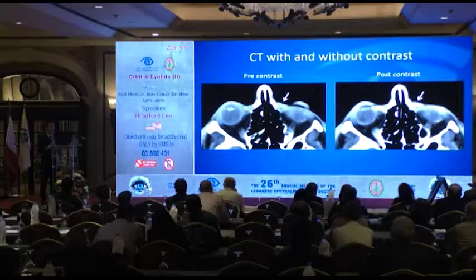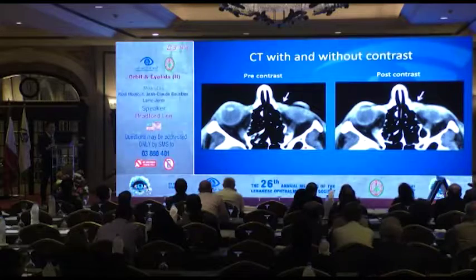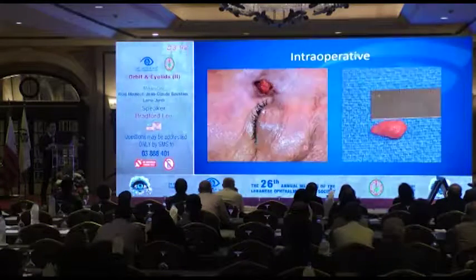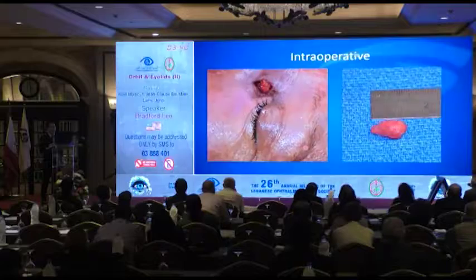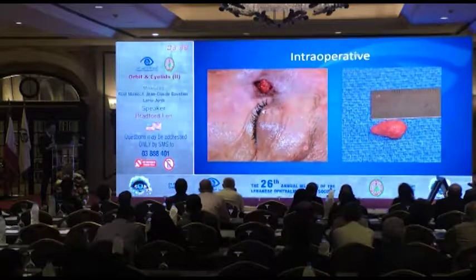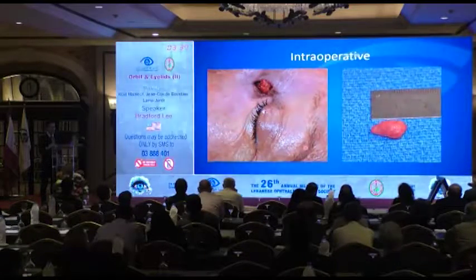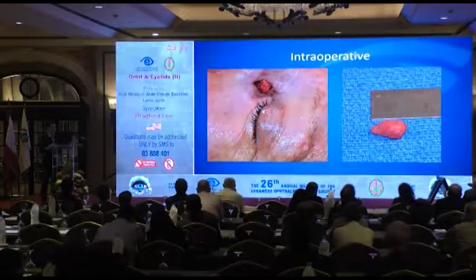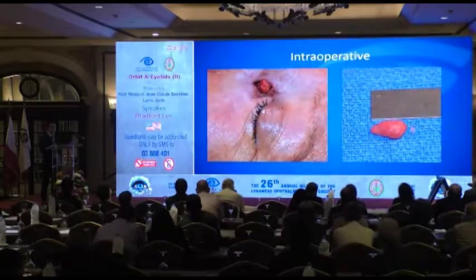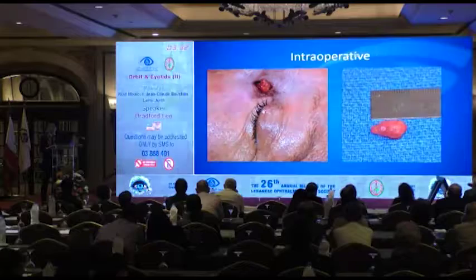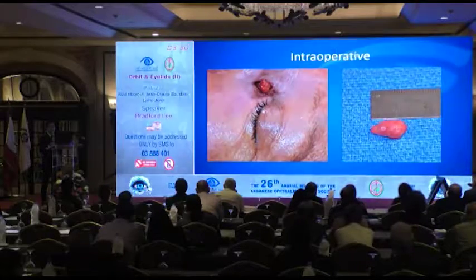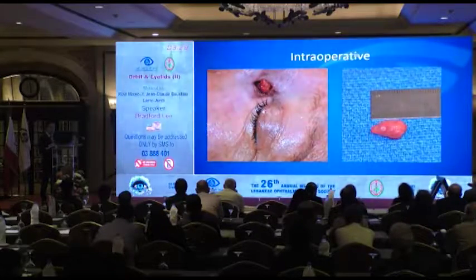And we got a CT scan, and there looked like there was a little enhancing mass right alongside the lacrimal sac. And I said, you're sure you don't have any fillers? And she said, no, I've never had fillers in this region. So we did a biopsy here and encountered this rubbery mass over here. It appeared to be right up next to the lacrimal sac, but not invading into the lacrimal sac.